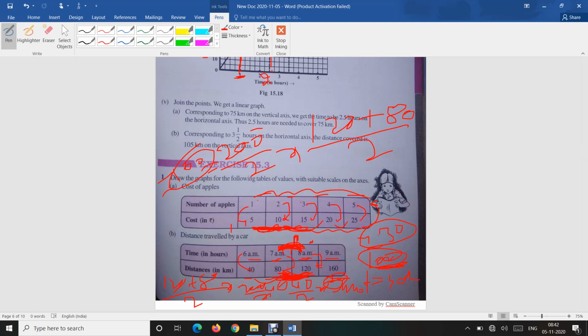So obviously 100 minus 80 will be equal to 20. That's why the car will cover 20 kilometers between 7:30 and 8 a.m.